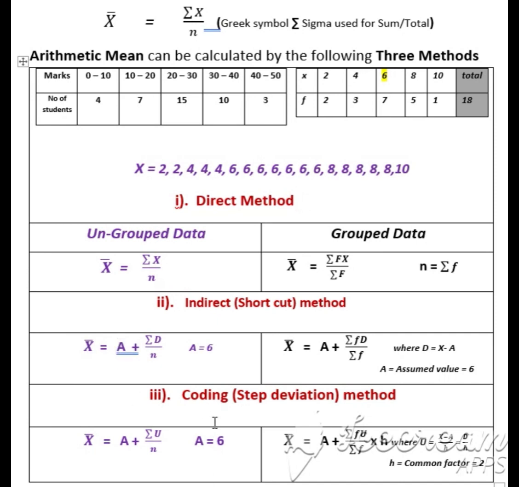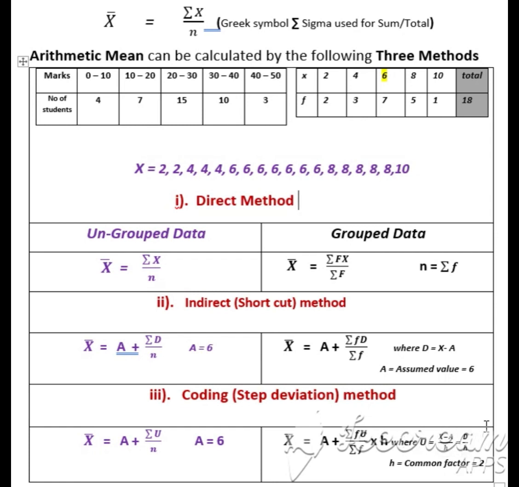Now for the coding method, the only difference is the capital U. Instead of x, you write capital U. So what is capital U? Capital U is x minus a divided by h. As I mentioned above, x minus a is called d, so d divided by h is u.